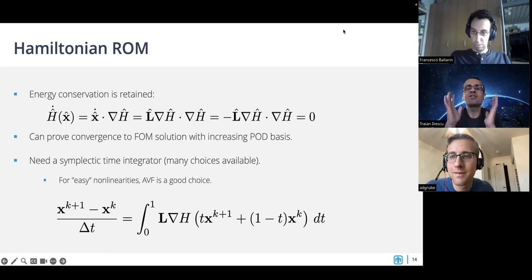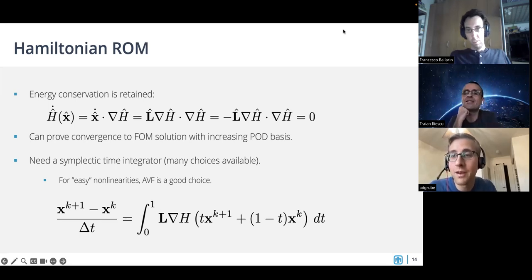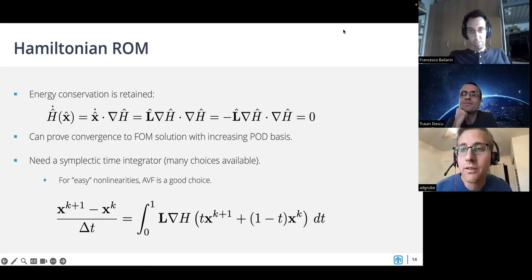My question is very simple. It's more of a clarification. What fails or what is not working properly in the Galerkin ROM formulation, but works very well in the Hamiltonian ROM formulation in terms of convergence with respect to the dimension? Any insight? Yeah, that's a good question.